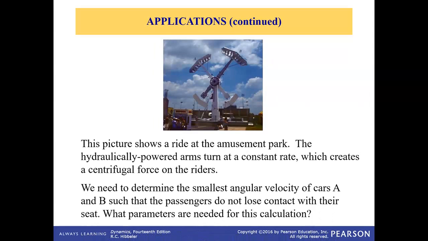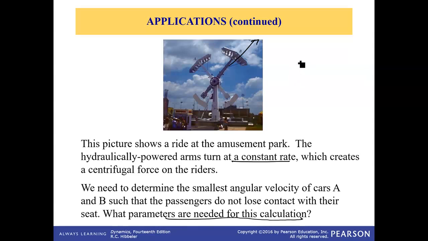This picture shows a ride at the amusement park. The hydraulic powered arms turn at a constant rate, which creates a centrifugal force on the rider, like this force. We need to determine the smallest angular velocity of cars A and B such that passengers do not lose contact with their seat. What parameters are needed for this calculation?